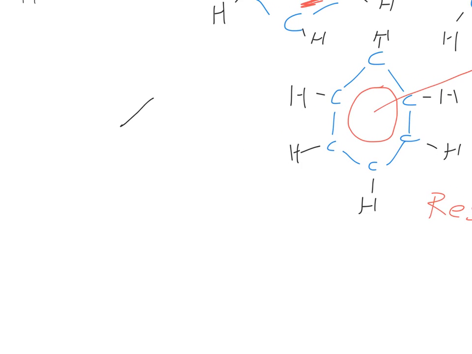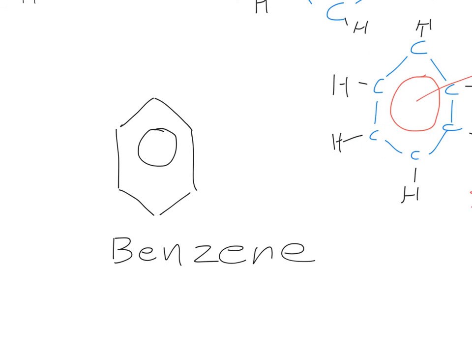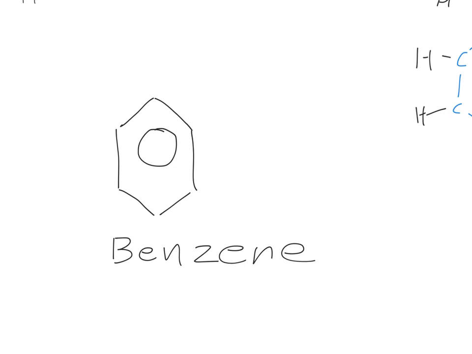And you'll often see benzene just drawn as a six-sided object with a circle in the middle. And that's benzene.